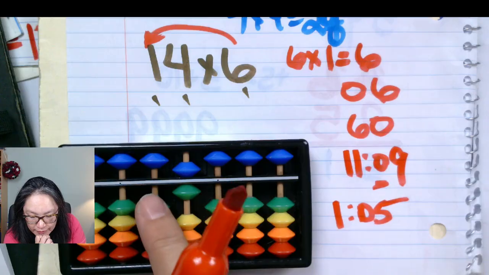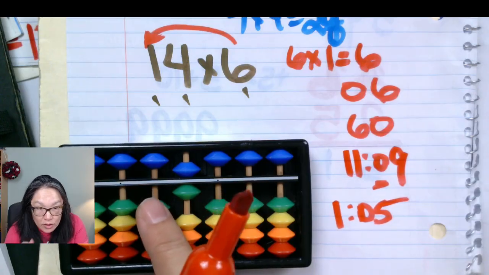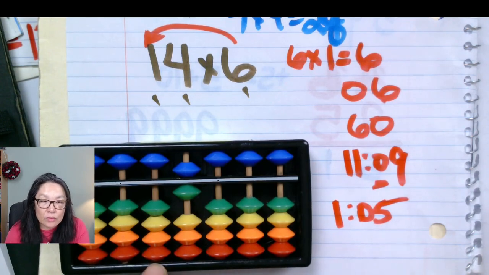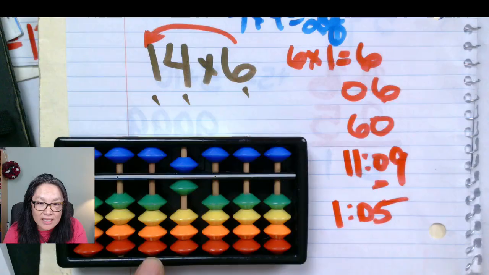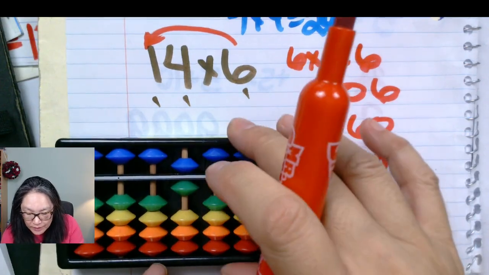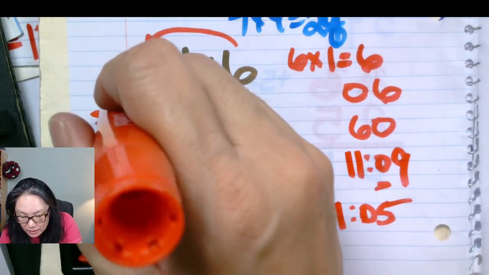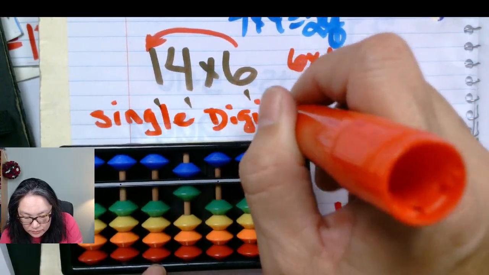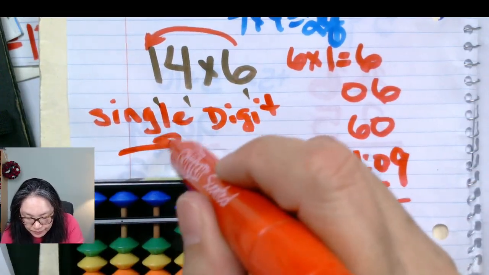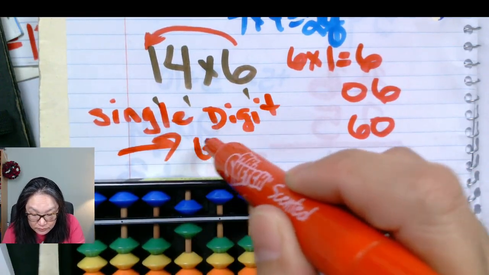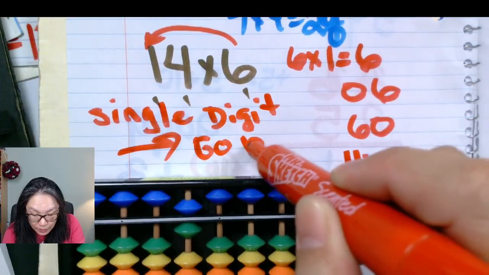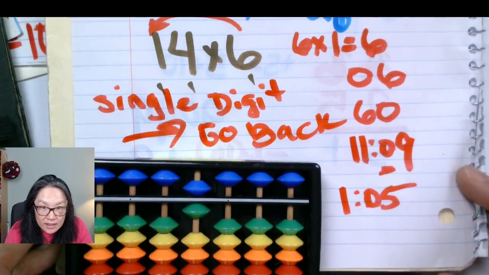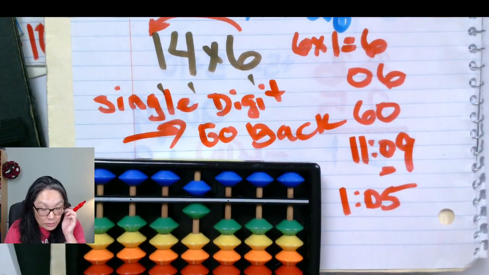So the rule would be: if it's a single digit, you go back 1 column. Go back. If it's a single digit, you go back and make it a double digit.